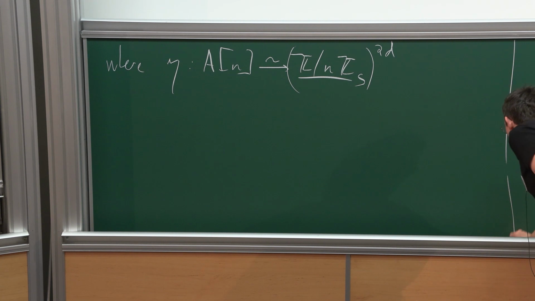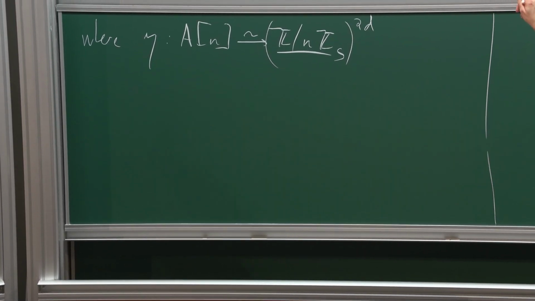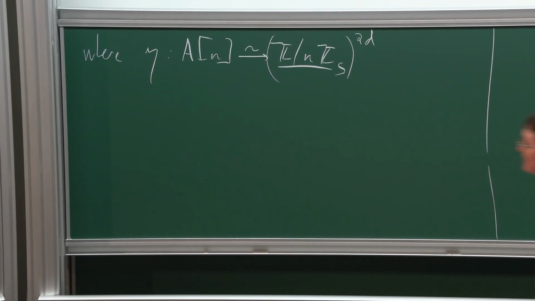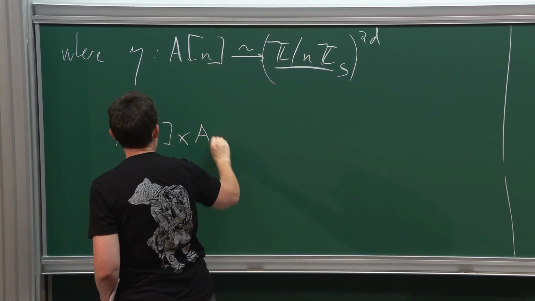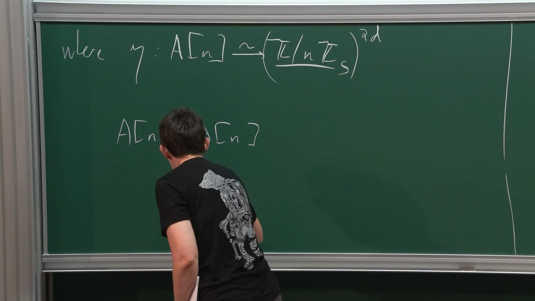And I don't just want it to be an isomorphism. It's called eta, just like the eta here, so I want it to be a symplectic isomorphism in some way. But for this to make sense, here I have the Weil pairing, defined by lambda, which lands in mu n.